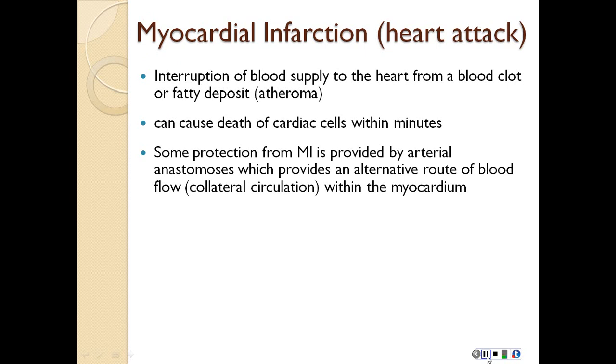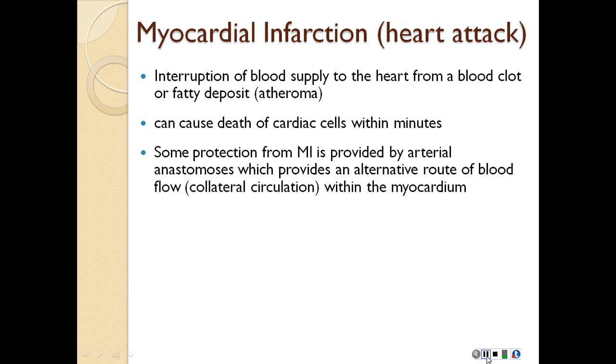So how is angina pectoris different from myocardial infarction? They're similar. The difference is, remember, angina pectoris was partial, the key word was partial, blockage of the coronary circulation. Myocardial infarction is complete blockage or interruption of blood supply to the heart from a blood clot or fatty deposit.